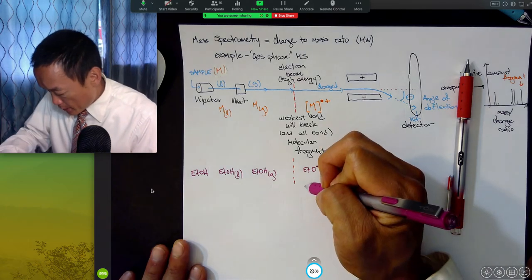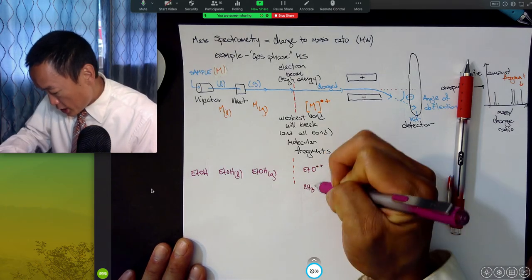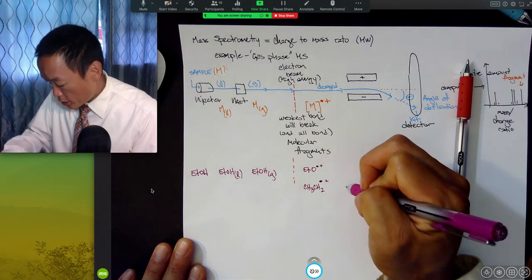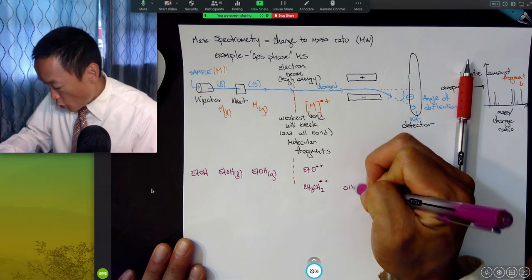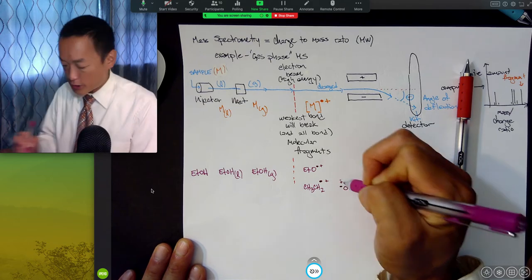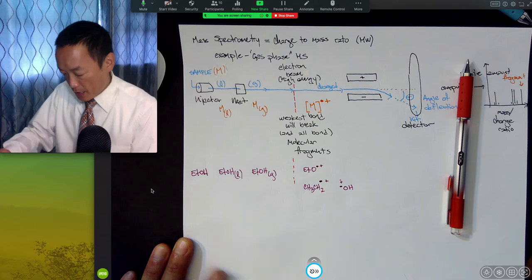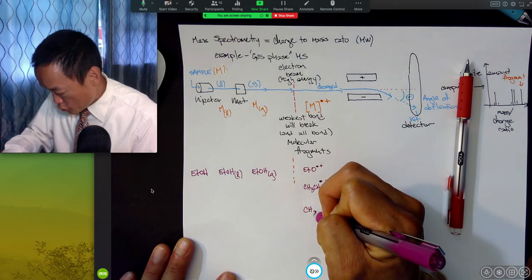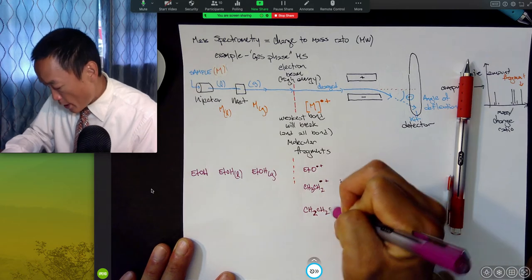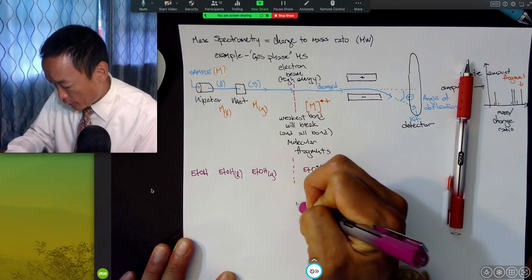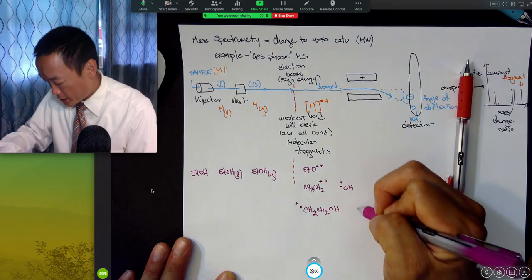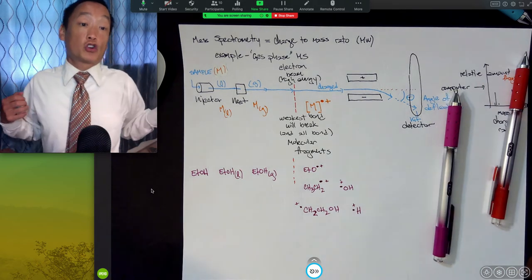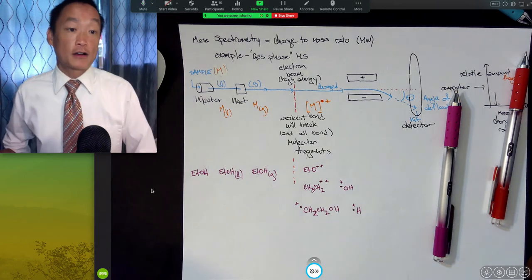Maybe we have the CH3CH2 portion, and now we have the corresponding OH dot with this plus on it over here, and maybe we get another fragment that blows up, which is a CH2OH, where this part has a dot over here with the plus sign, and we'd also be getting an H dot with the plus sign over here. That molecule can explode, and it can explode at any single bond in that molecule.